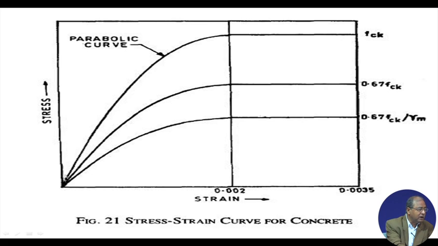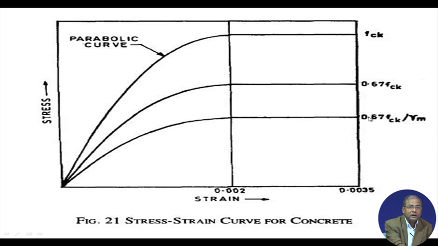This is the figure which we have taken, and you are very much familiar with it. First this is the fck, next, from the designer's point of view, we have 0.67 fck, which is nothing but 2/3 of that. Then 0.67 fck by gamma m, which here will be 1.5, so we get 4/9 fck, 2/3 into 2/3.